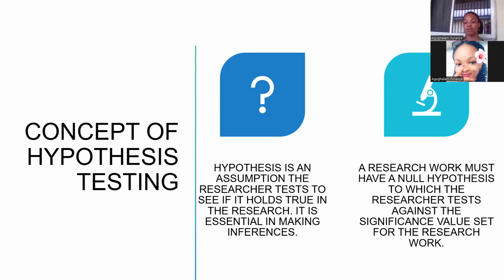So a research work must have a null hypothesis, which the researcher tests against the significance value set for the research work. So you must set a significance value, like I talked about earlier. As a researcher, you can set your significance value at 0.05, 0.01, depending on your research and what it covers.